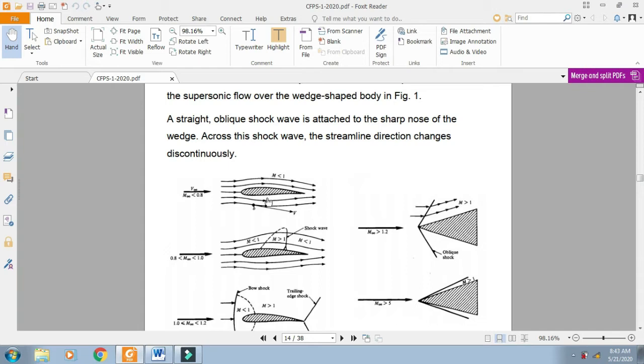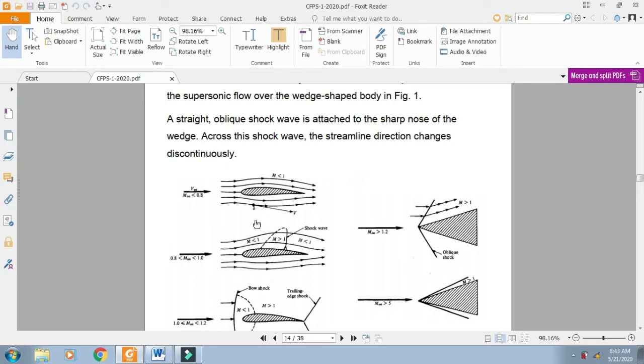The local velocity near the airfoil and the local temperature near the airfoil will change. So the Mach number far away from the airfoil will be different compared to the Mach number near the airfoil. Since the velocity near the airfoil is continuously changing, and similarly the temperature is continuously changing, the Mach number will change.